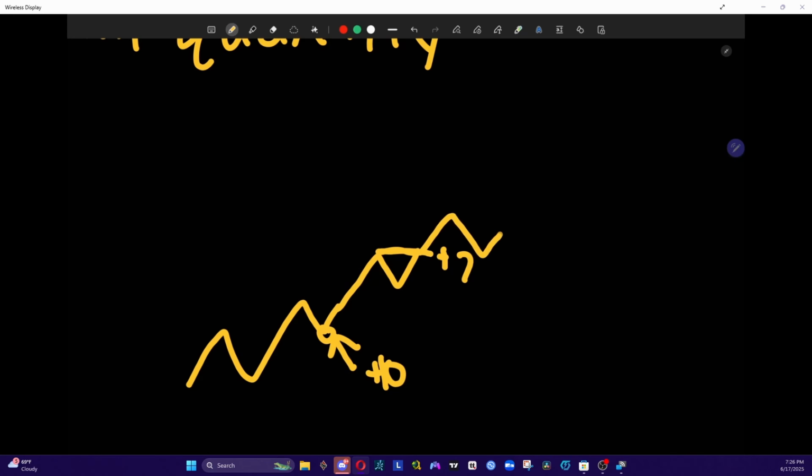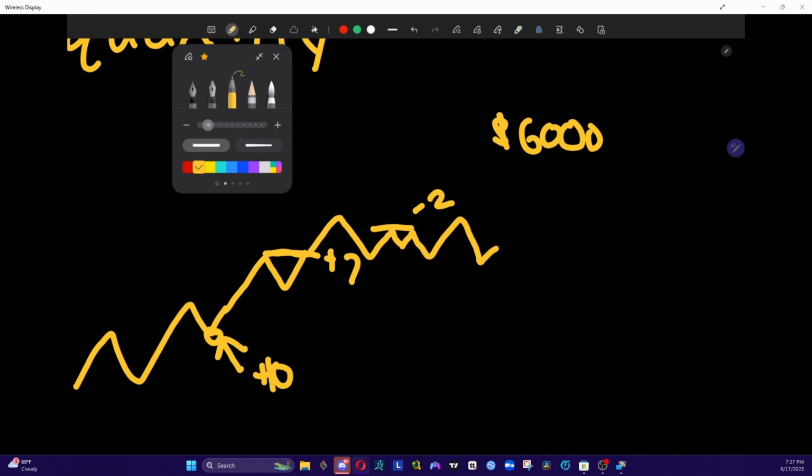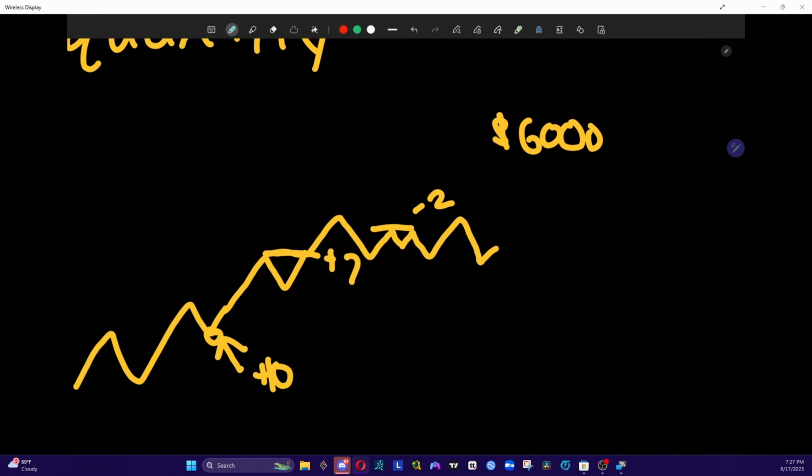And you get a move up here, but contracts are getting theta, so you remove 2 more, but you still believe in the bullish trend because it's just consolidating. Let's say you got the $6,000 calls on SPX. Yes, during this time, you're going to imagine your contract value to look something like this, right?